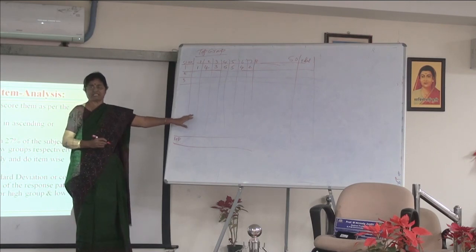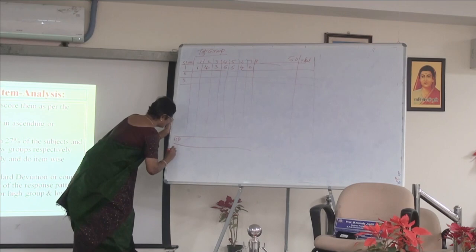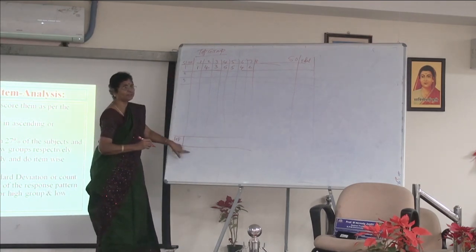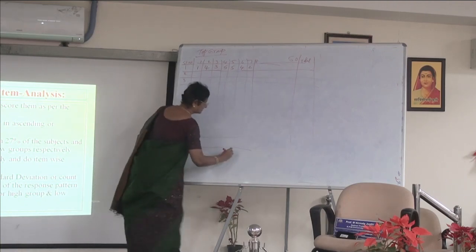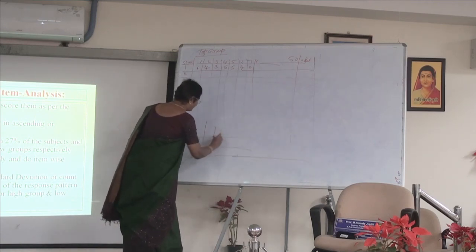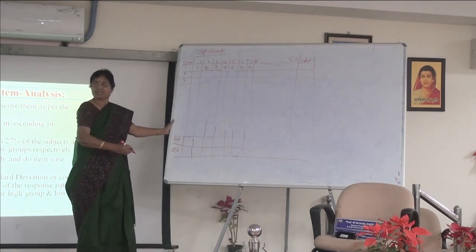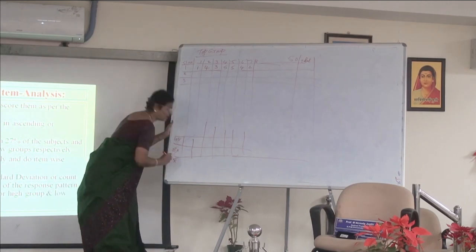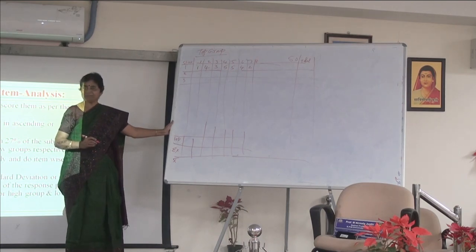Now, like that for all 108, you prepare the spreadsheet. After getting the spreadsheet, find the sigma x, the total of this. For all items you can get the total, no? Column wise total you get. Find the x bar. What is x bar? Arithmetic mean.